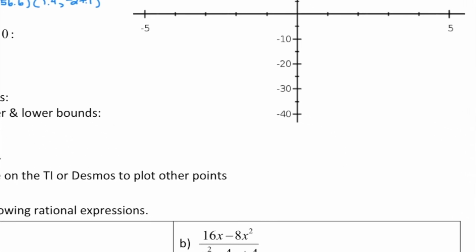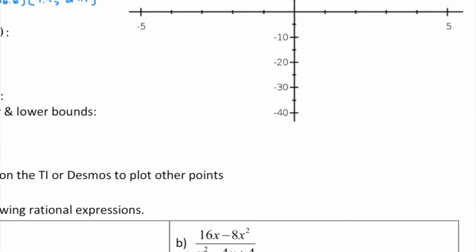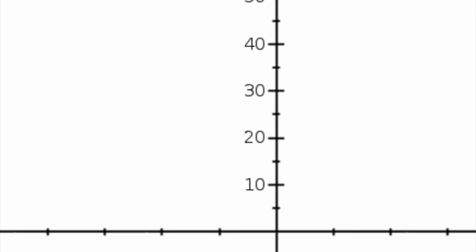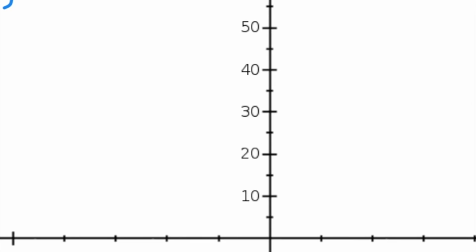So I've got the negative 3.5 and that negative 37.5, which is pretty difficult to approximate on this screen. So I'm just going to put it there and hope that's close. And then negative 2.1, 56.6, so that's going to be way up here. So negative 2.1, I'm going to put that right about there.